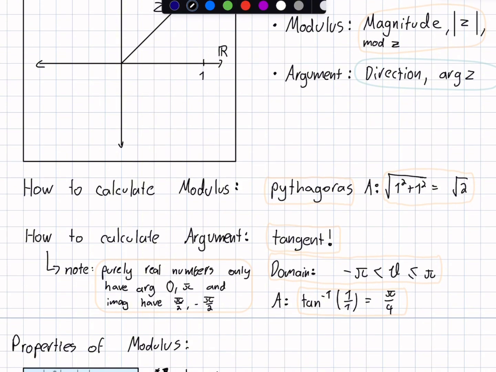Always keep in mind the domain of the argument. This domain can never be changed, and you always must keep it in mind for complex number equations.